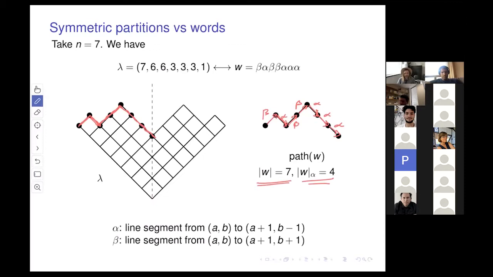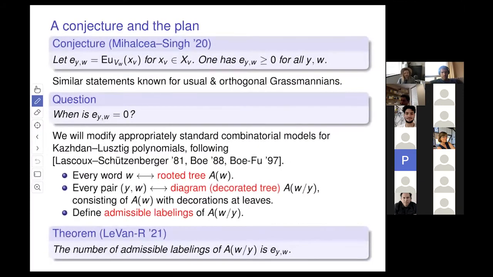And if you want to know what it means in terms of Lagrangian subspaces, you have to go back and decipher the definition in terms of the partition lambda and the intersection with the standard flag.